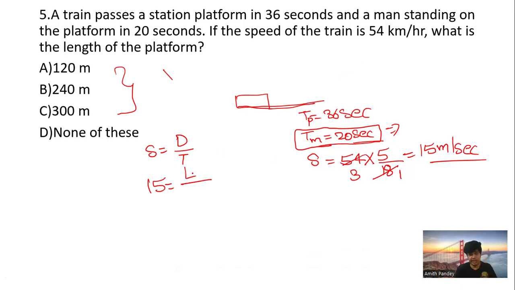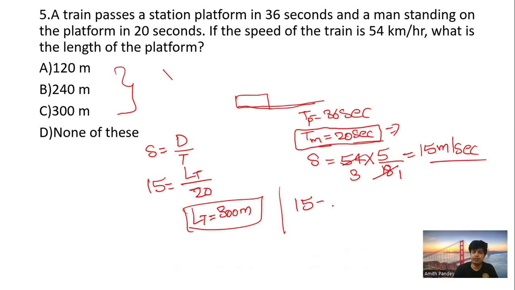That is the length of the train, LT. And we can find it because in case of three parameters, if two are given, the third you can easily find out. So what is the time? It is 20 seconds. So LT, the length of the train, is 20 into 15, that is 300 meters.